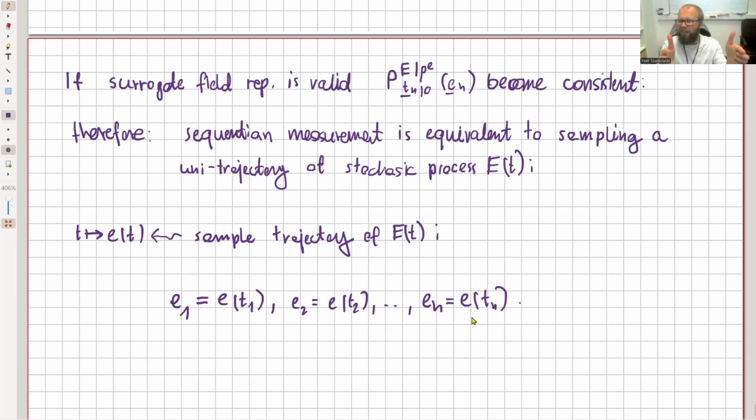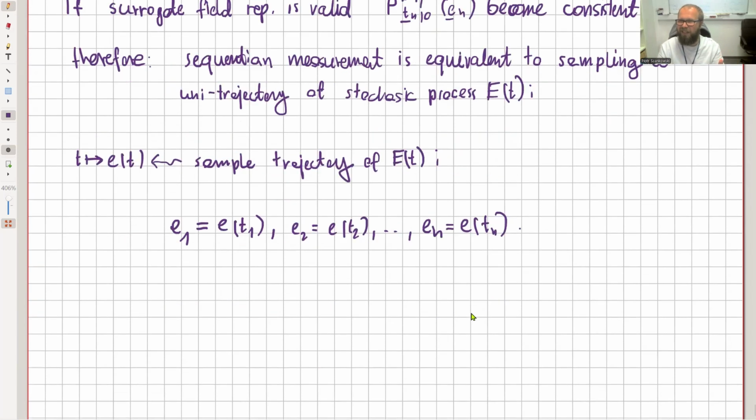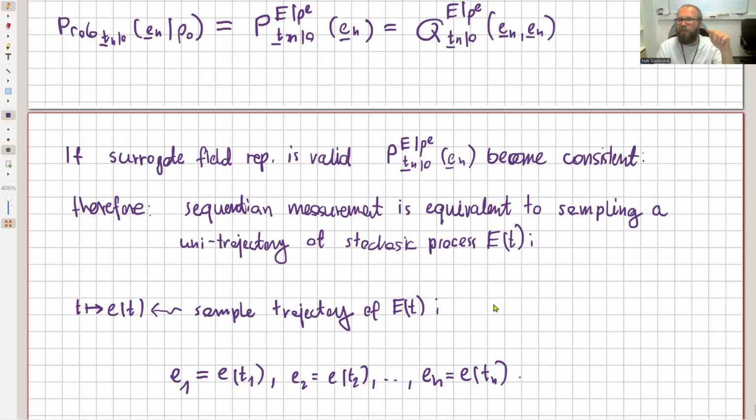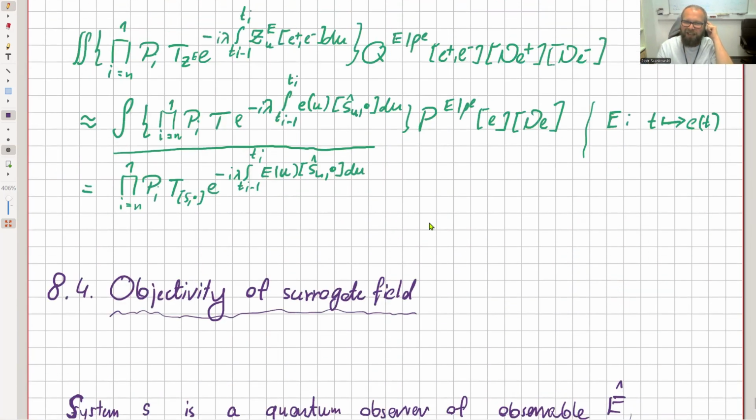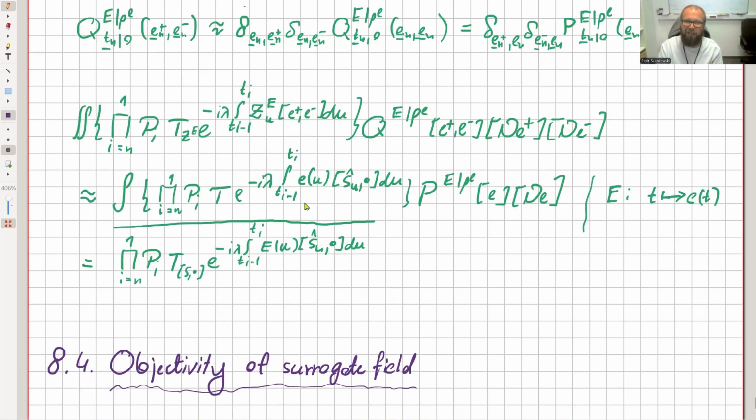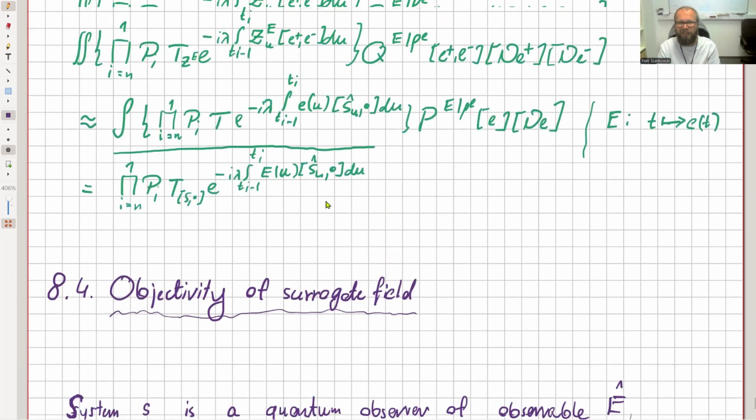You can store your measured sequences, and then treat them as an ensemble of sample trajectories of the process E, which you can use to approximate the stochastic averages you can encounter when calculating some stuff for dynamical maps or anything else, right?